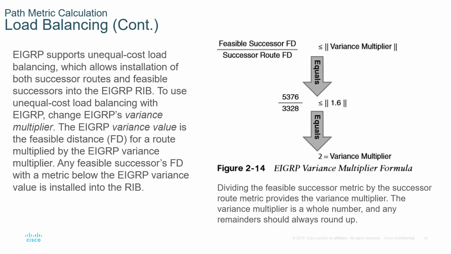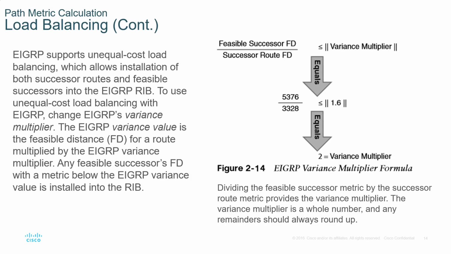EIGRP also allows us to have unequal cost load balancing. We do this by changing the variance multiplier that exists. So by default, the variance is 1, which means equal cost.